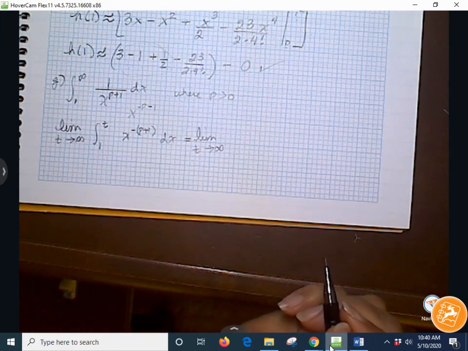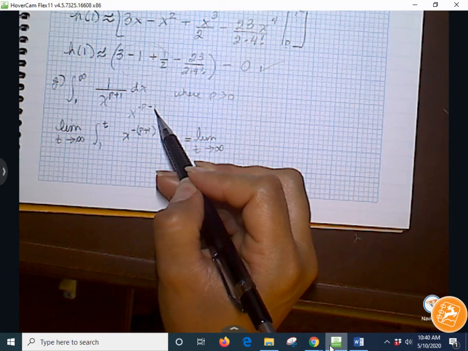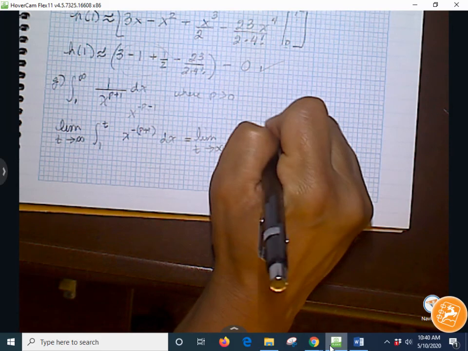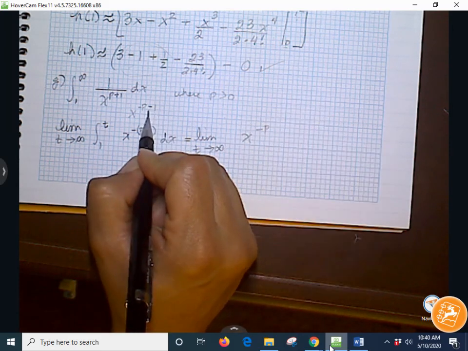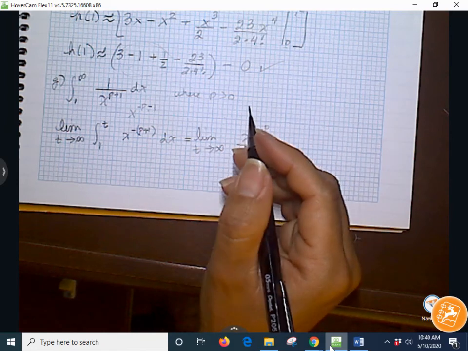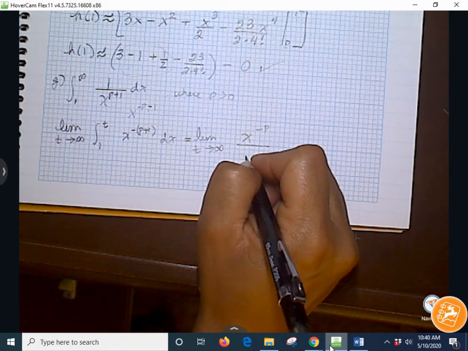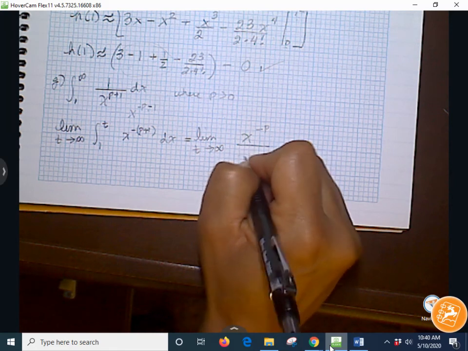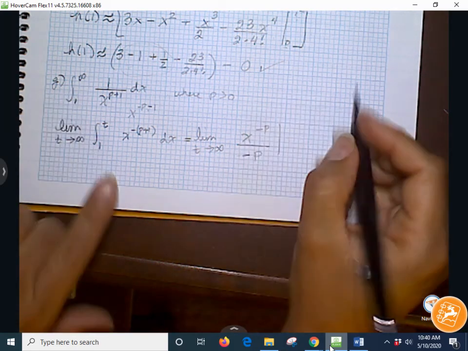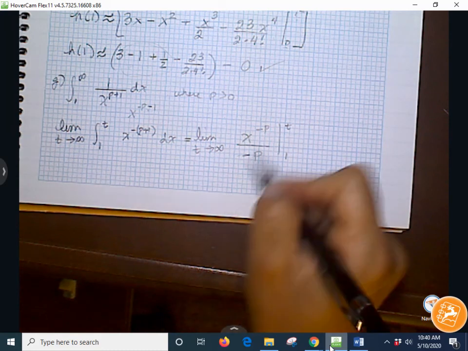Then if I add 1 to this, this is going to be x to the negative p, because the plus 1 and that minus 1 are going to cancel out, divided by negative p, from 1 to t, like so. Sure hope I did that correctly.